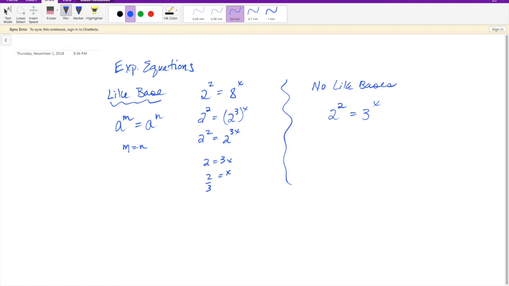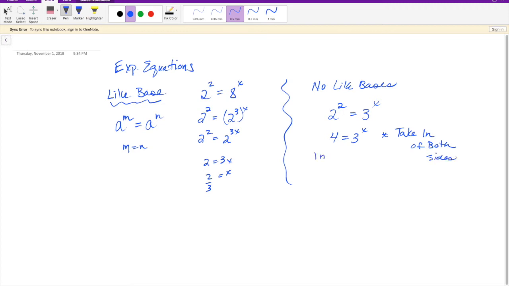Well, in this case, I would just rewrite this as 4 is equal to 3 to the x. What we do is we either take the common log or the natural log of both sides, and it doesn't matter which one you do. I commonly use natural log, but you'll get the same thing either way.